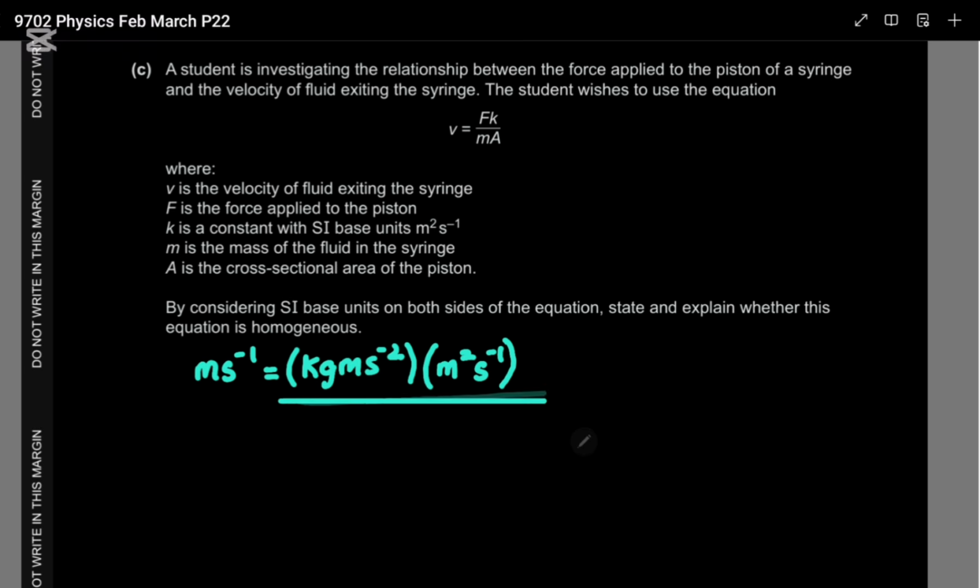Now in the denominator, mass is just kilogram, area is meter squared, okay? Now let's check how we can simplify the right hand side, okay? So we can cancel out kilogram and kilogram, okay? And this meter squared and this meter squared also cancel out, okay?